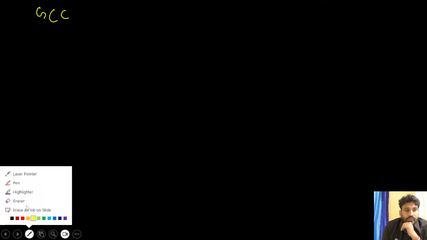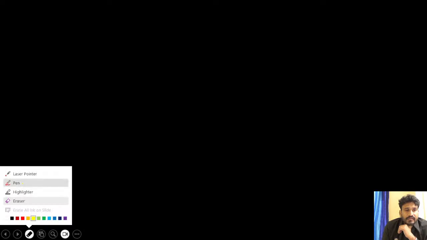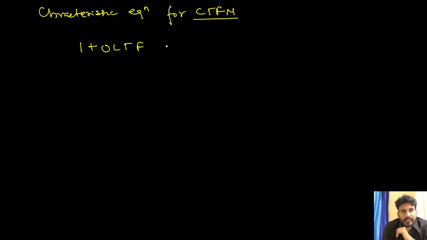If we need the characteristic equation for the closed loop transfer function, it is my 1 plus OLTF, है ना, यहाँ यूज कर लेंगे, is equal to 0.